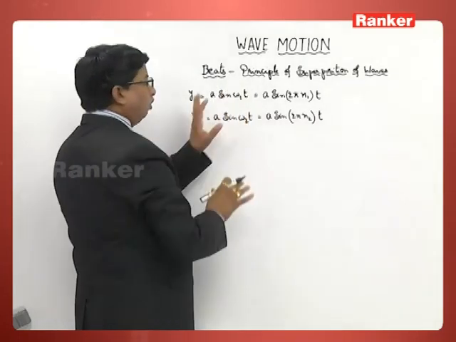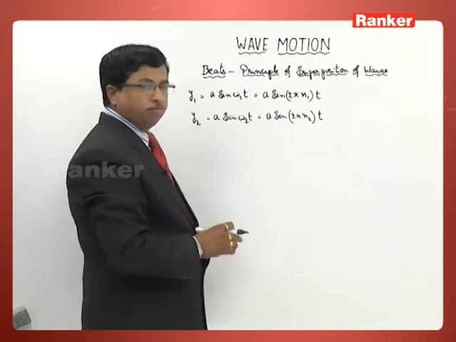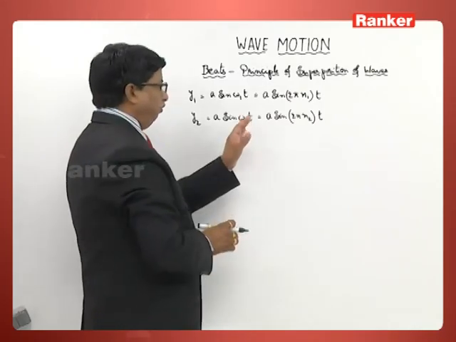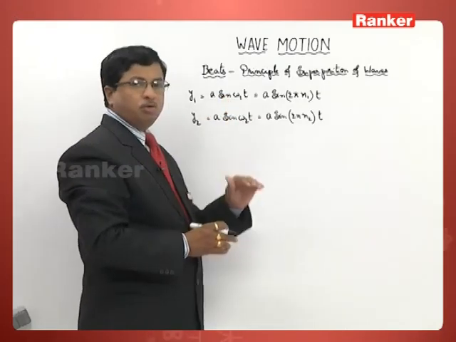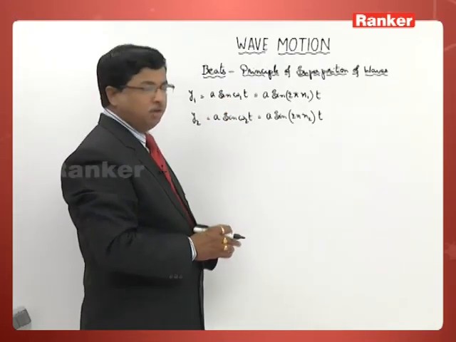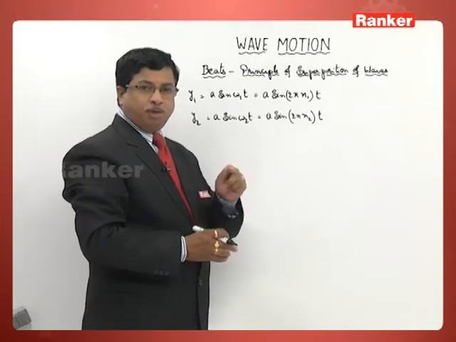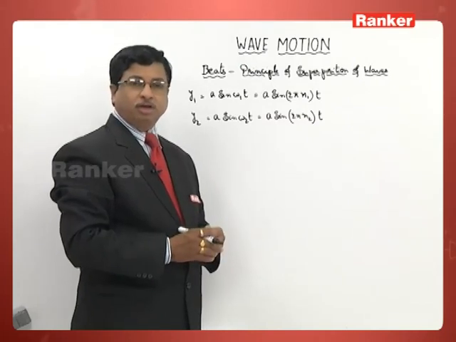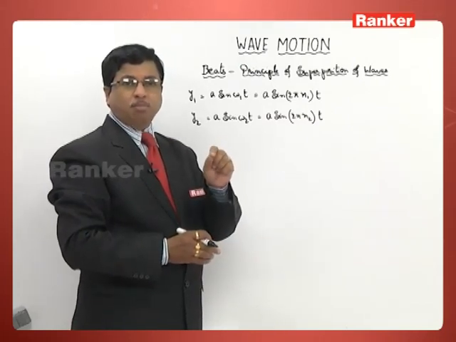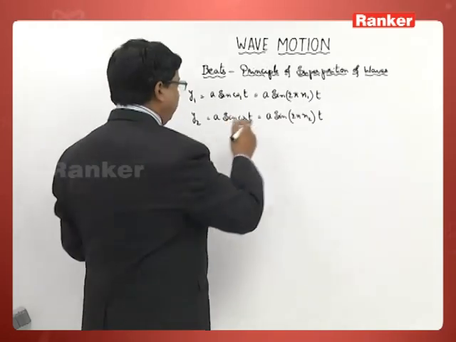These two now are overlapping. According to the principle of superposition of waves, whenever waves of different displacements traveling in the same direction overlap or superimpose on one another, the displacement of the resultant wave is the algebraic sum of their individual displacements. So what can we write?